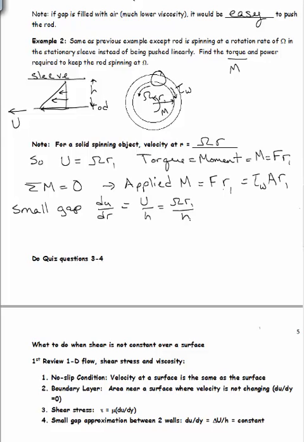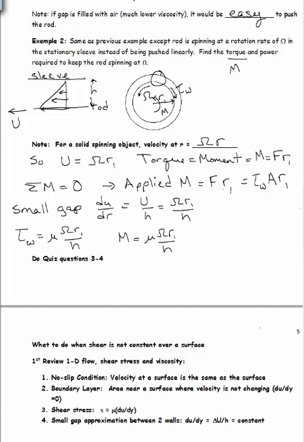Okay, so we can plug this all in, and our tau wall then is mu omega r1 over h, and so our moment, plugging everything in, is tau, mu omega r1 over h times our area.